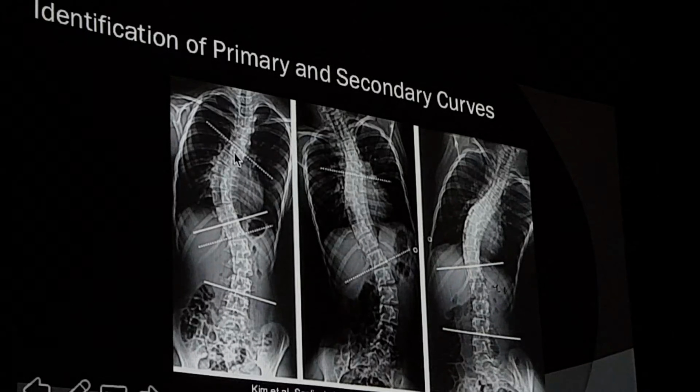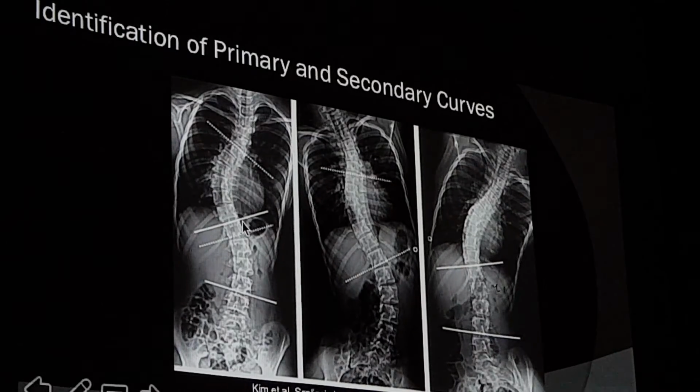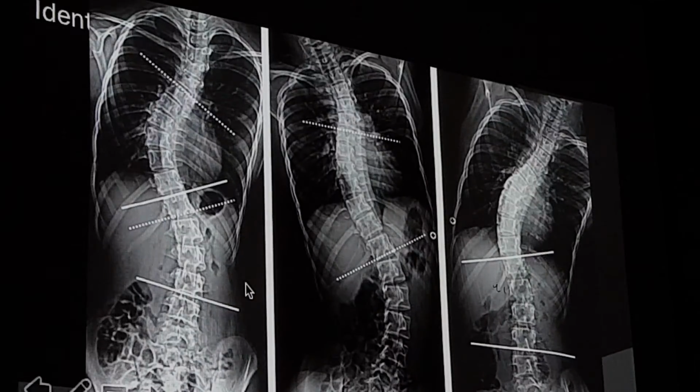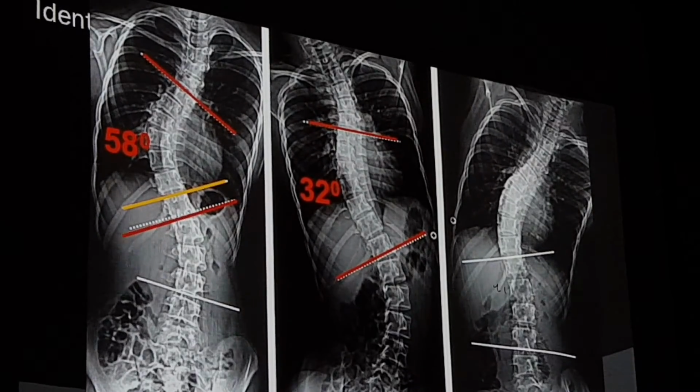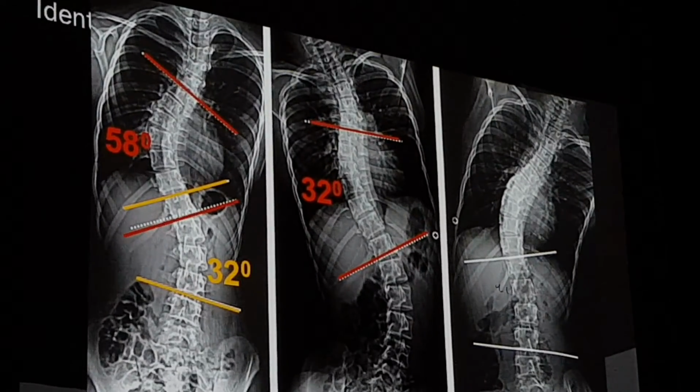So you have a rightward curvature of the thoracic spine and a leftward curvature of the thoracolumbar spine. So that's 58 degrees. On rightward bending, it's reduced to 32 degrees. Then this one, you have a leftward curvature of the thoracolumbar spine.